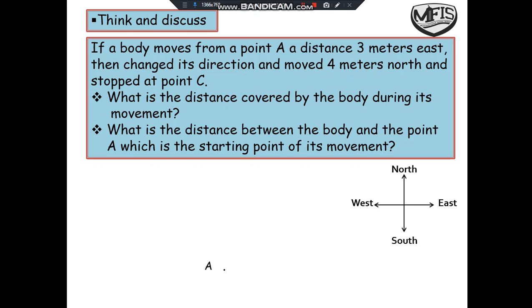So if the body moves east, so it moves to the right to point B, then 4 meters north, so we move up 4 meters. So the distance here is 3 plus 4, which is equal to 7 meters.